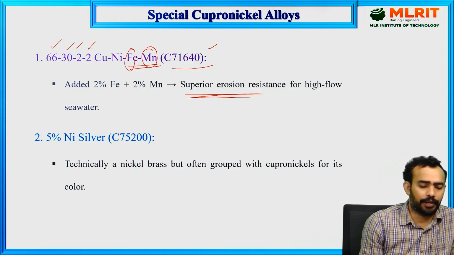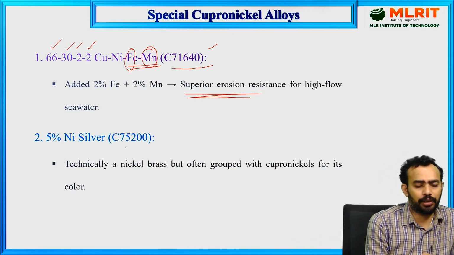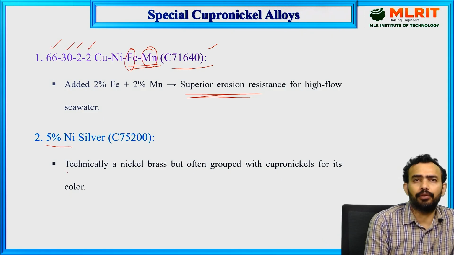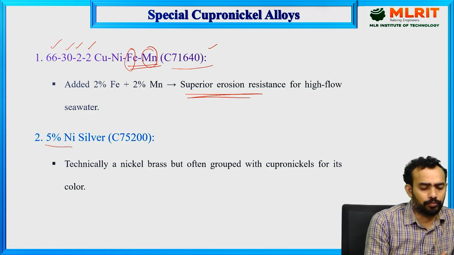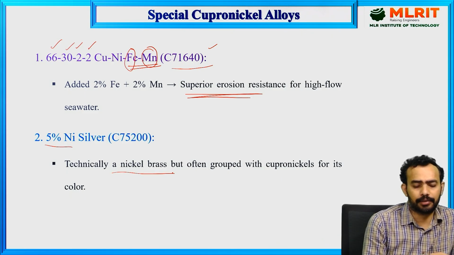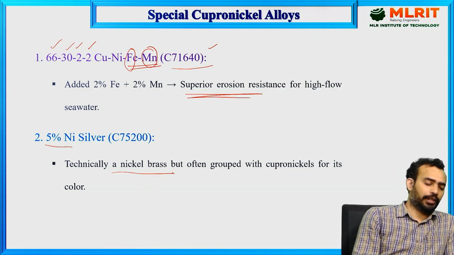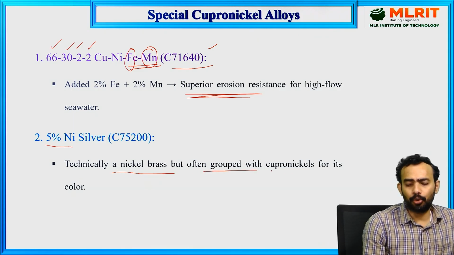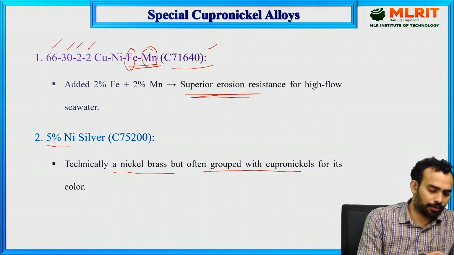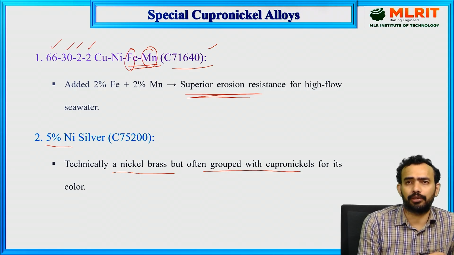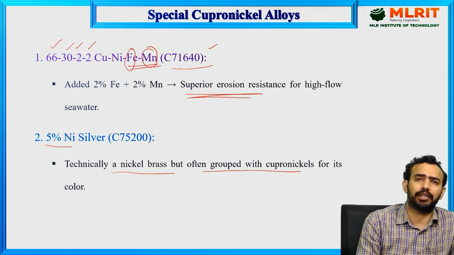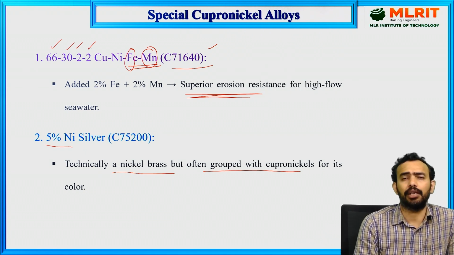Then we have another special grade alloy, that is 5% nickel silver. So technically, it is a nickel brass, but often it has been grouped with cupronickel for its color because of its silver appearance, presumably coming from the addition of nickel.